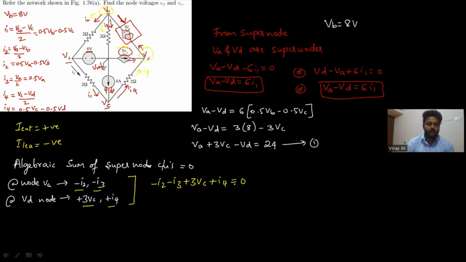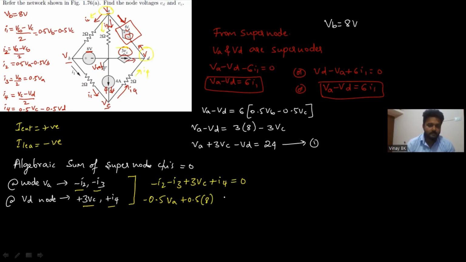So now what is I2? We already know that I2, which is flowing from VA to VB, is VA minus VB divided by 2. So I2 is 0.5 VA minus 0.5 VB, and with the minus sign, minus 0.5 VA, minus into minus plus 0.5 into VB, whereas VB is nothing but 8.